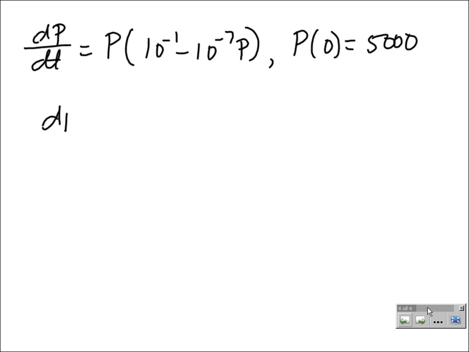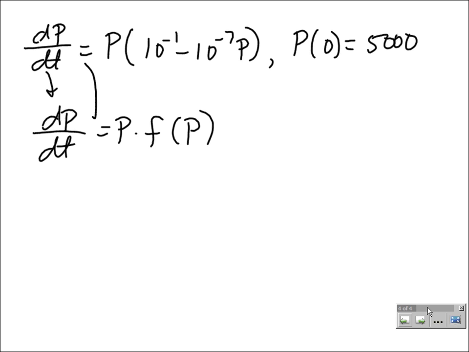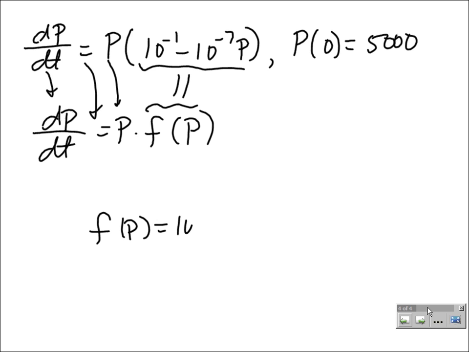Well, we want it in the form of dP/dt is equal to P times some linear function of P. Well, there's the dP/dt, there's the equal, there's the P, then we have other stuff. Oh, the other stuff must be equal to f of P, which is 10 to the negative 1 minus 10 to the negative 7 P. Don't be afraid of those. They're called numbers.